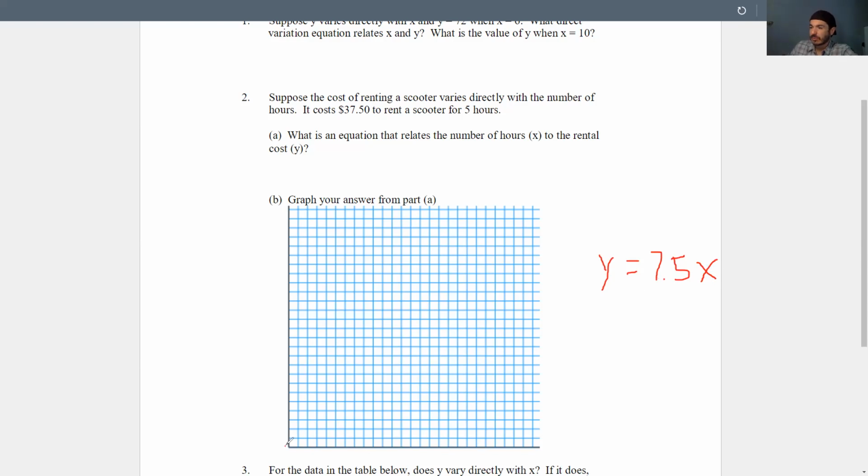I know that 0, 0 is a point. I don't want to use 1 because then I get into partials because I'm not dealing with a whole number. But if I multiply 7.5 by 2, if x is 2, y is 15. So that's a pretty easy point to use, right?